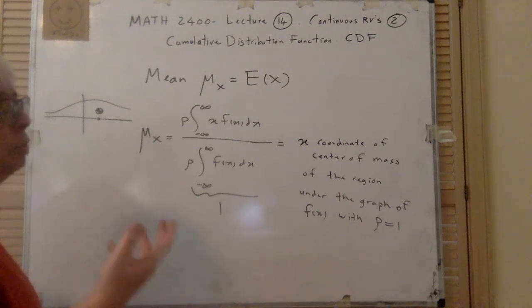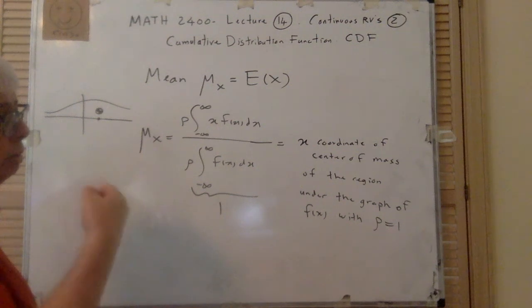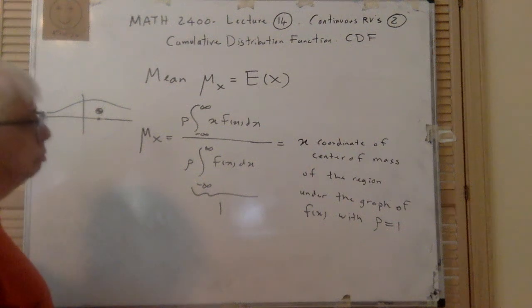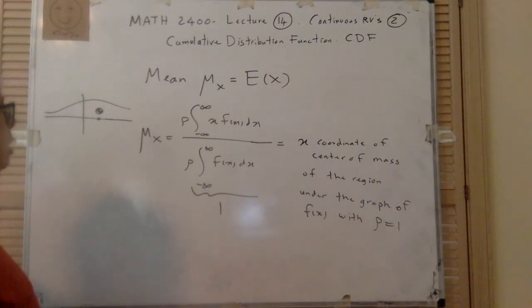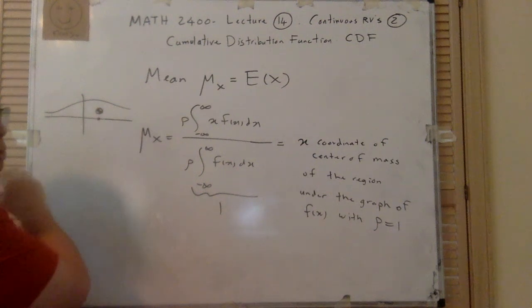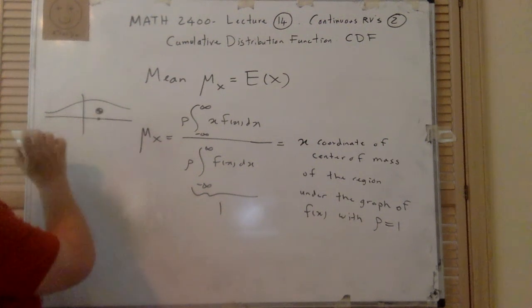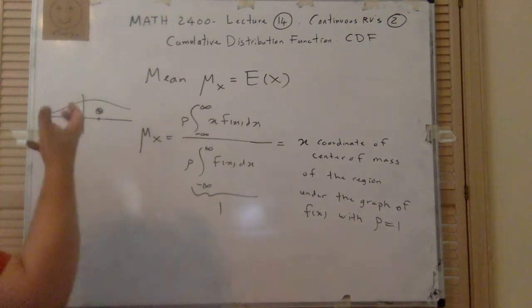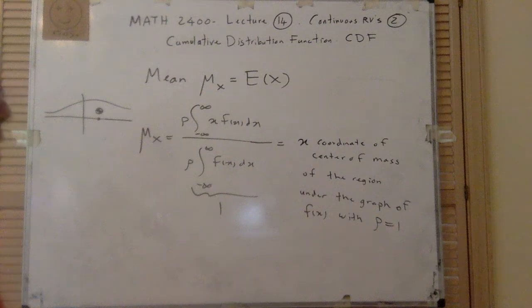One of the things that you really attach to a distribution is its center of mass, or expected value, or mean. It's showing where things are basically concentrated. There is more concentration than at other places.